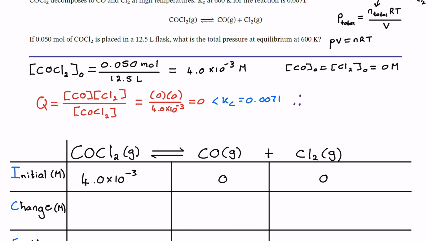And because Q is less than Kc, it implies the forward reaction is favored.